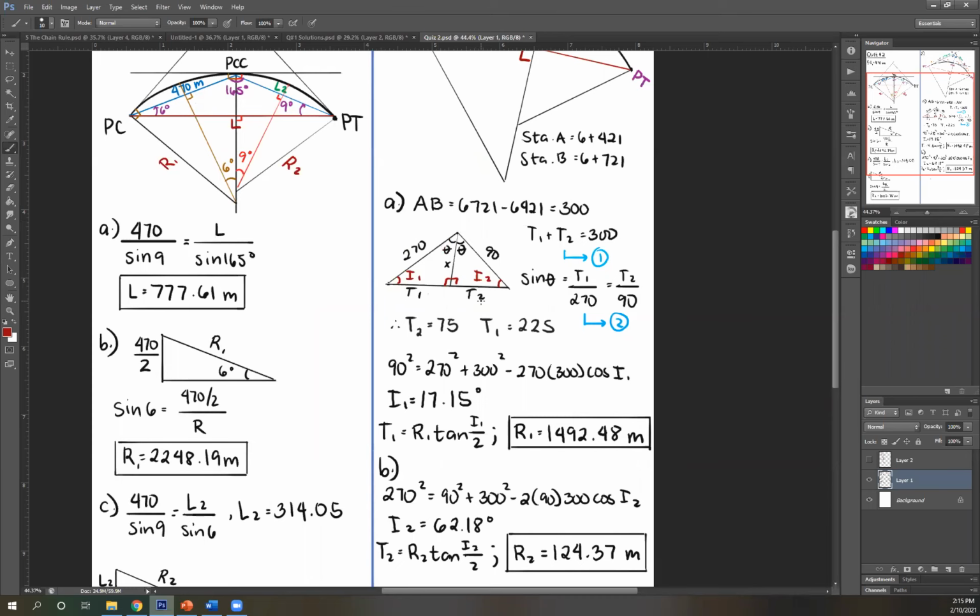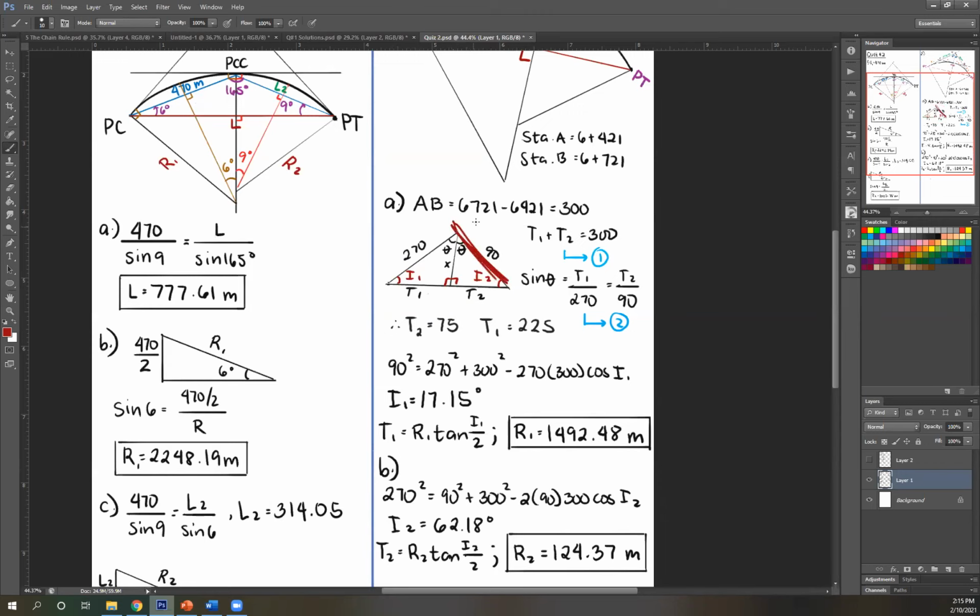So one law that you can use for that is your cosine law. So far you've been using sine law. Now let's try if I can use cosine law. Cosine law is just c squared equals a squared plus b squared minus 2ab cosine C. So let's see that. So in this angle here, I want to know I1.